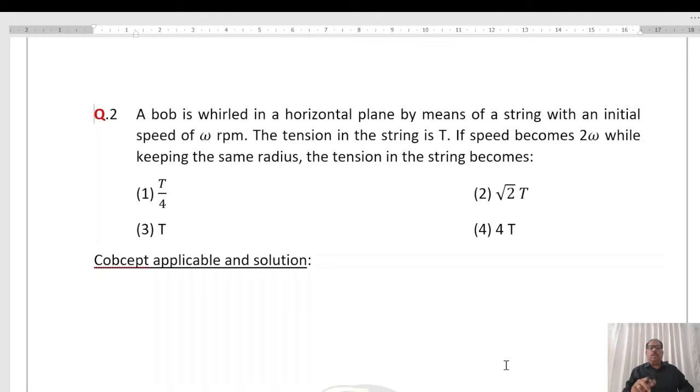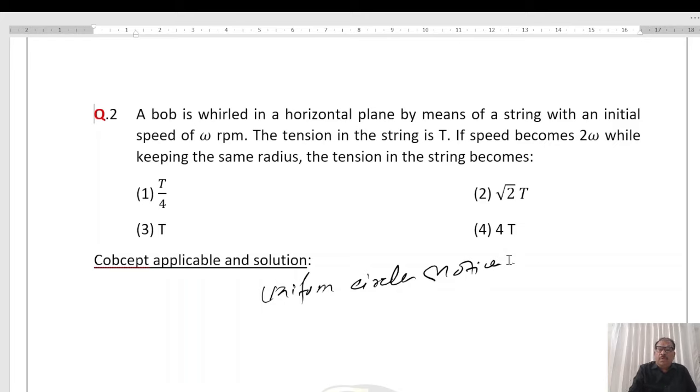Question is, a bob is reeled in a horizontal plane by means of a string with initial speed of omega rpm. The tension of the string is T. If the speed becomes 2 omega while keeping the same radius, tension of the string becomes. Now, in this case, it is a case of uniform circular motion, right?